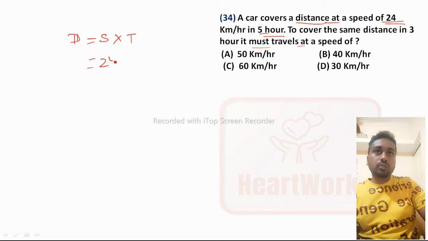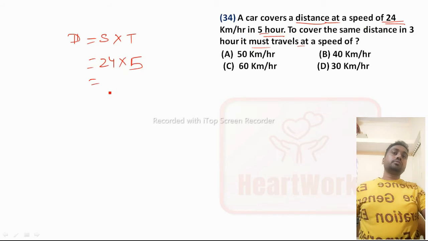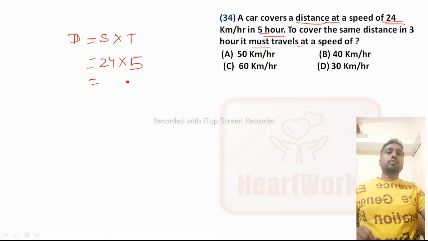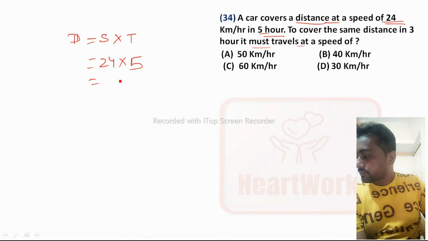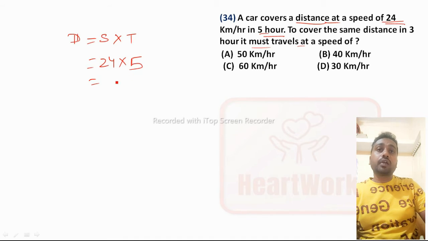Speed is 24 and time is 5. So 24 into 5 is 120.